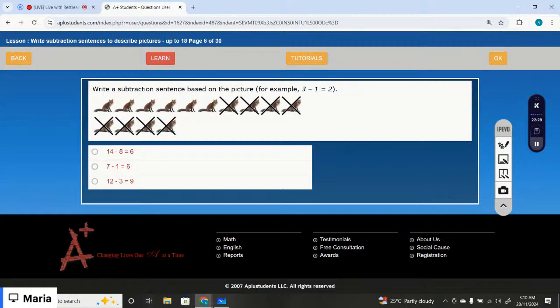Write a subtraction sentence based on the picture. So, which is the correct option?